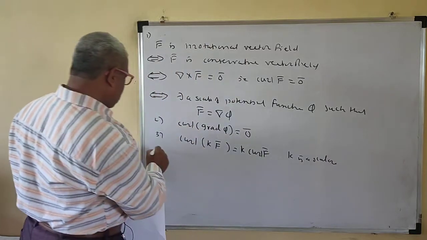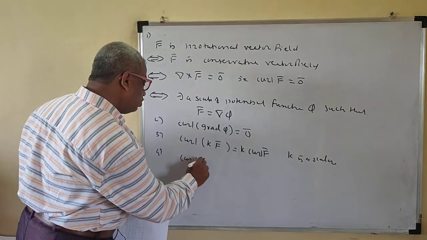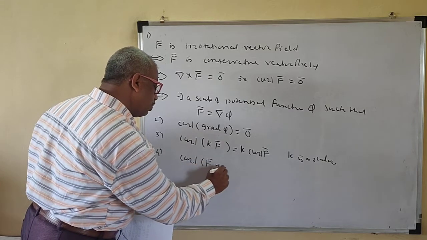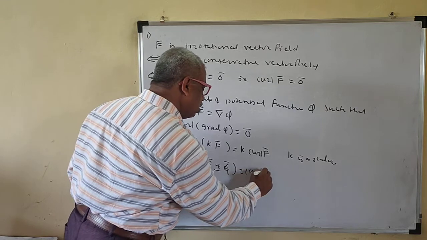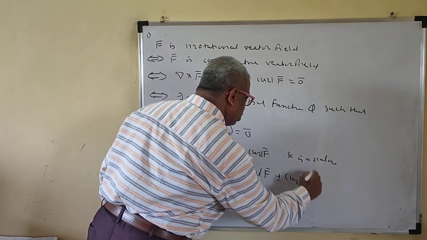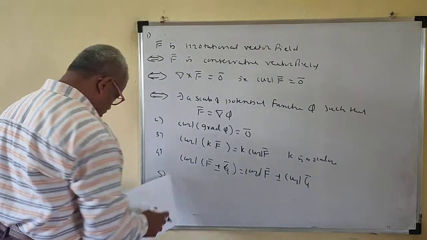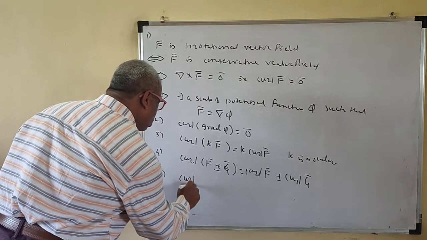And the next rule is also very important. Curl of F bar plus or minus G bar is the same as curl F bar plus or minus curl G bar.